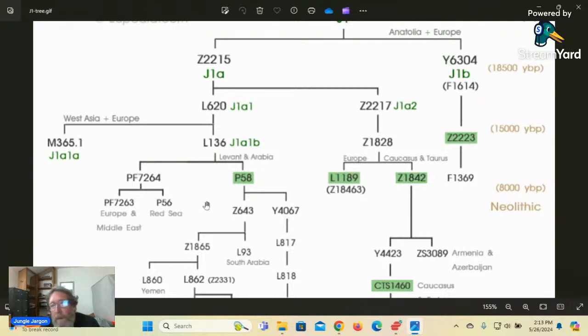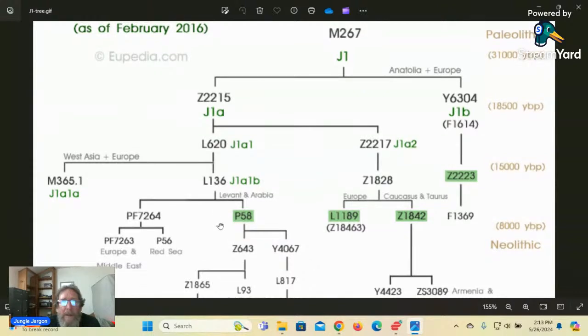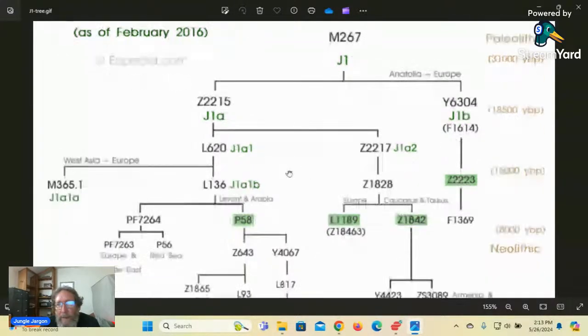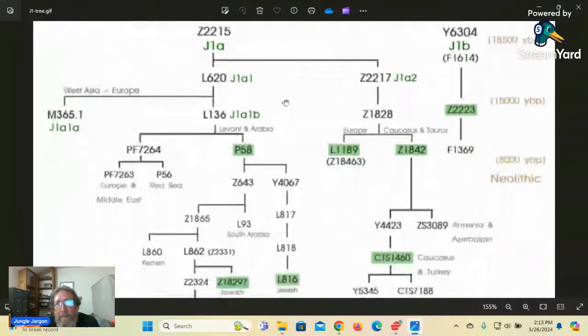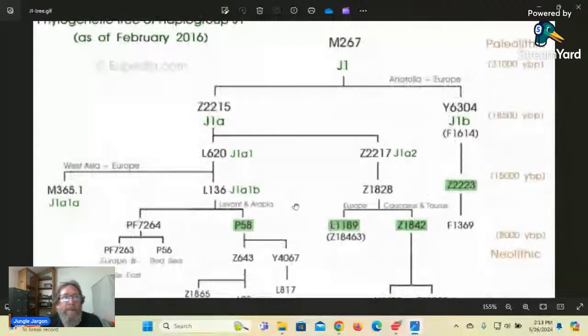I don't know. But anyways, this definitely identifies the lineage of Levi by way of the chromosomal haplotype through Aaron, who was the tribe of Levi, and it also identifies J1 as being Abrahamic, or at least and/or Hebrew, but probably Abrahamic.